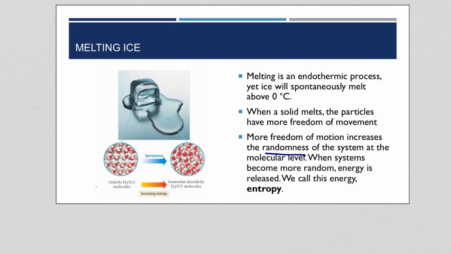When systems become more random, energy is released, and we call this energy entropy. So we're going to spend the bulk of the next few sections looking at different ideas around this entropy. But is melting just a one-off case, right? And of course not. There are other examples.